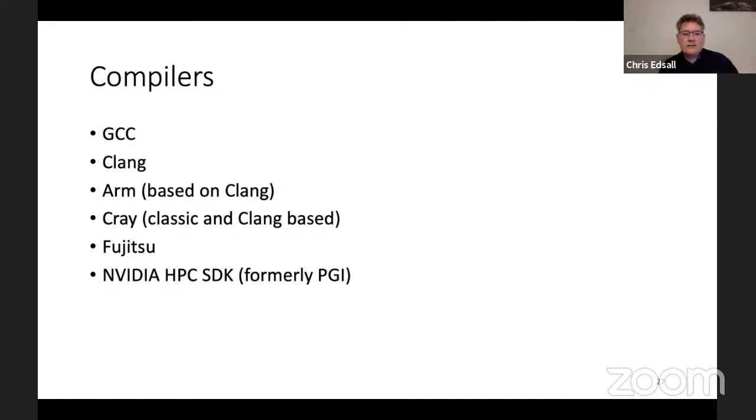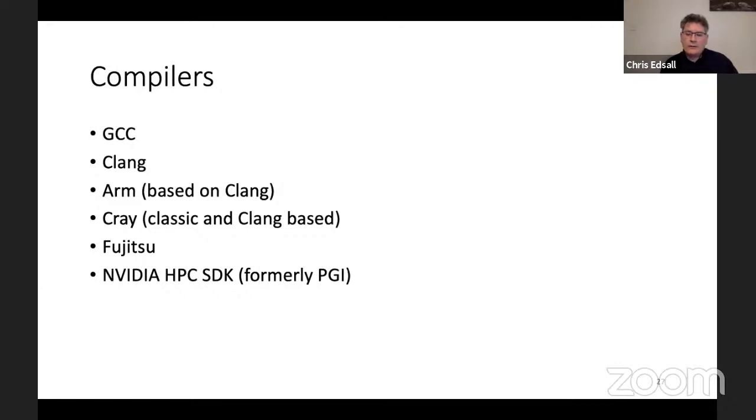What compilers can you use? So any recent version of the free and open source compilers, GCC and Clang, will target ARM Architecture 64. ARM have their own compiler. It's available for a 1-month trial download, but otherwise it's licensed. That one is based on Clang. Cray have their compiler.